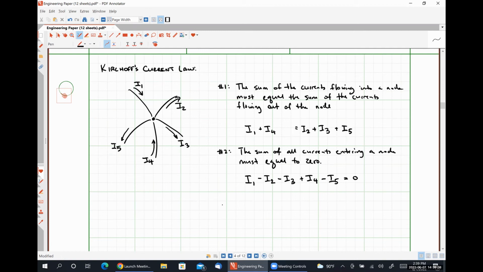Our third formulation is that the sum of all currents exiting a node must equal 0.